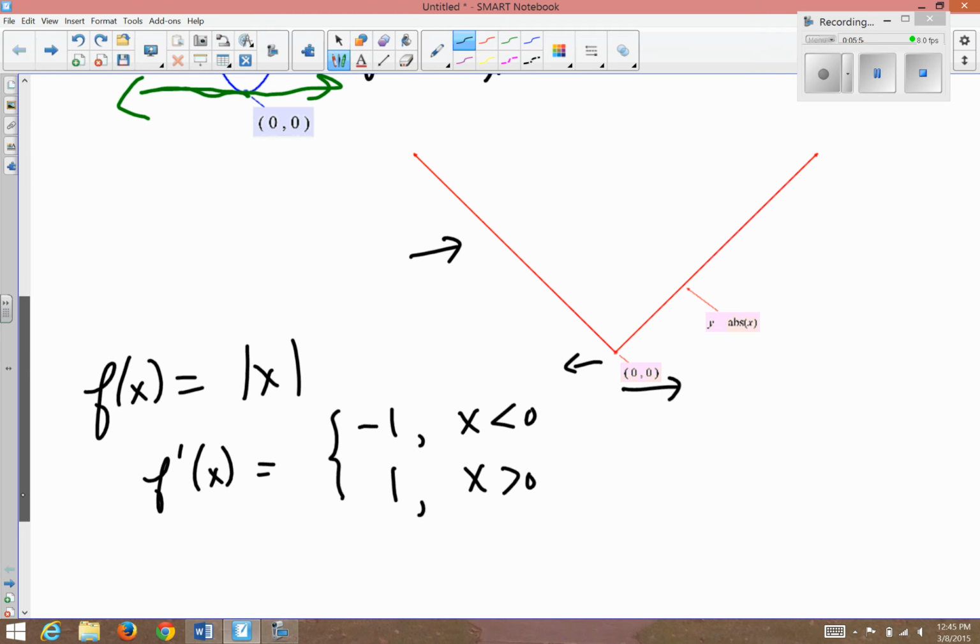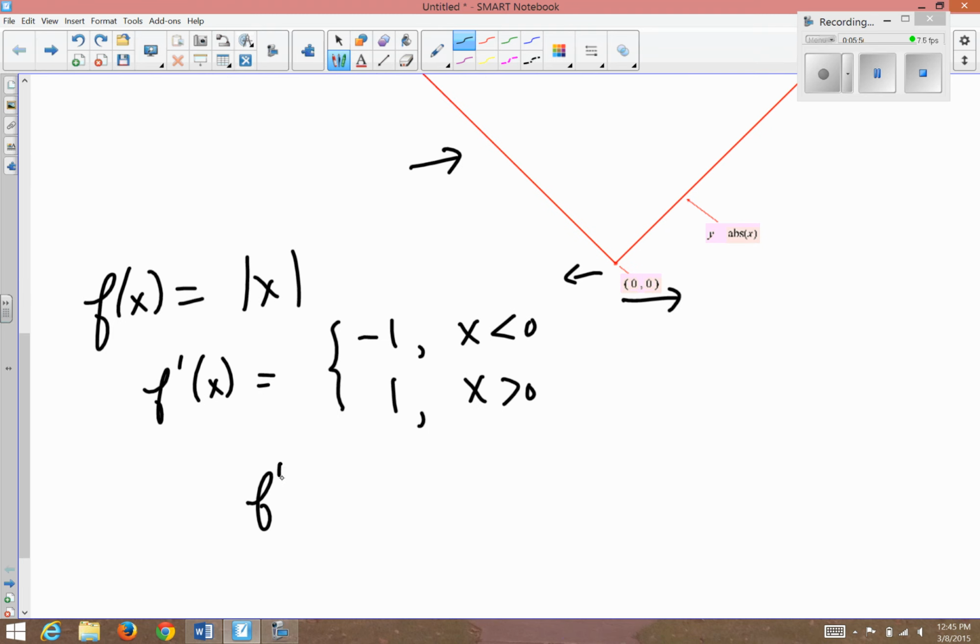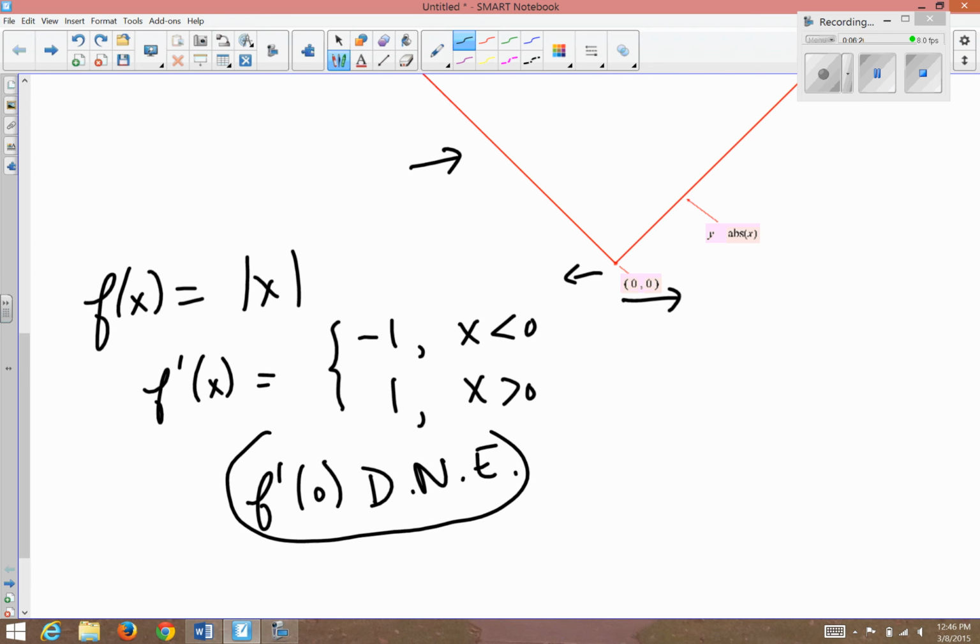And for this function, we say the derivative right at 0 does not exist, because a tiny bit to the left of 0, the slope is -1. Tiny bit to the right of 0, the slope is +1. Because those are totally different, the derivative at 0 does not exist.